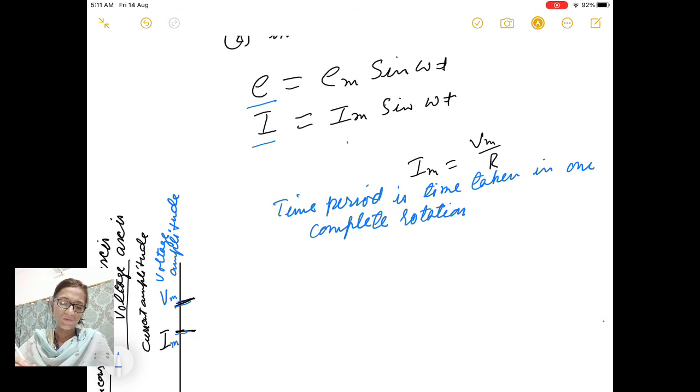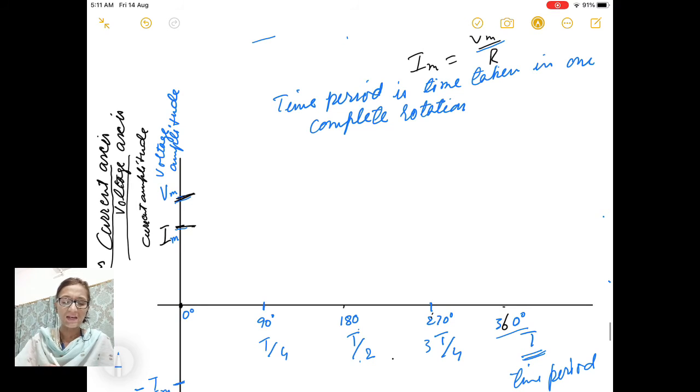Now by Ohm's law, current amplitude is equal to voltage amplitude upon R. So when R is a positive number greater than 1, the denominator is greater than 1, then current amplitude will be smaller than voltage amplitude. So I have taken current amplitude below voltage amplitude.